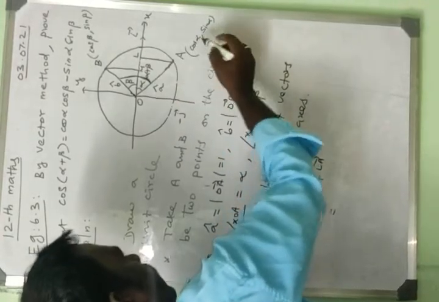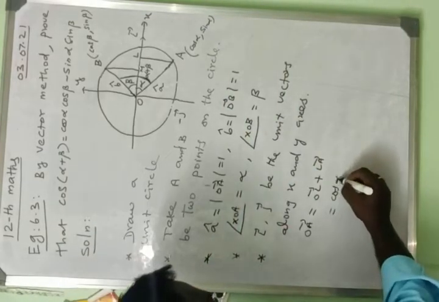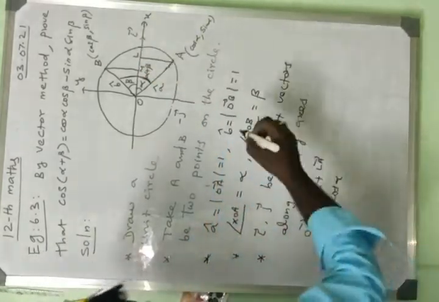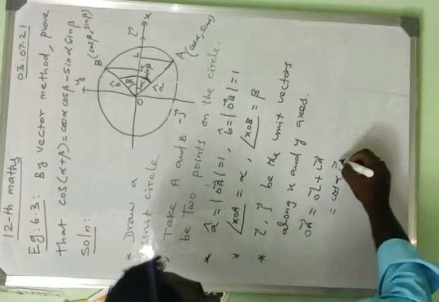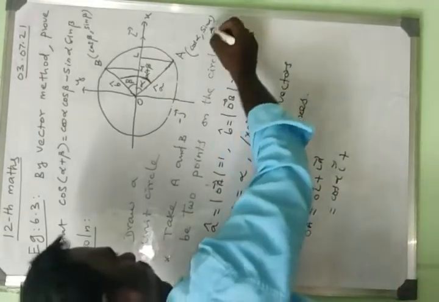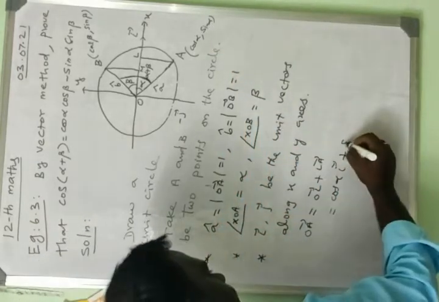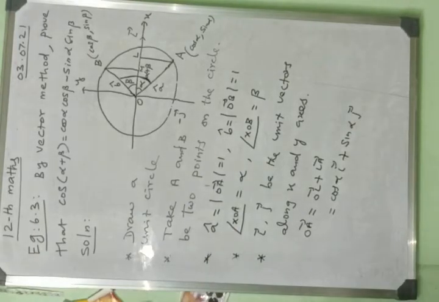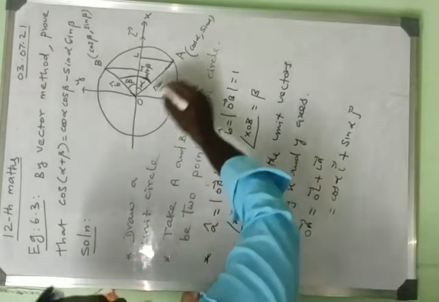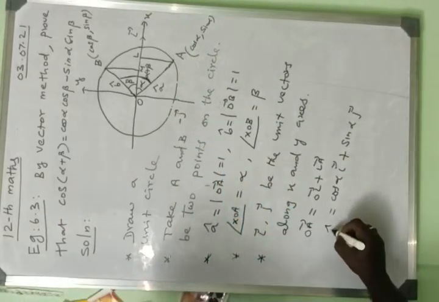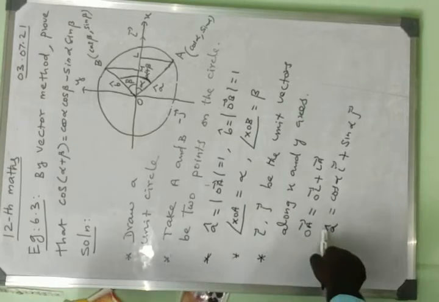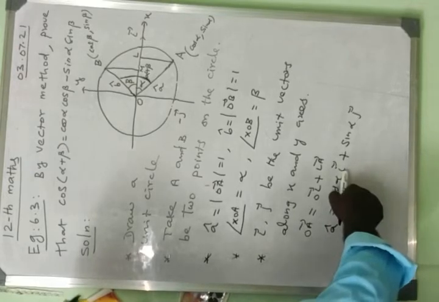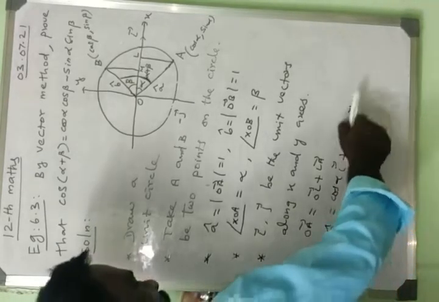Here the X value is cos alpha, and the vector along the X axis is I. Plus LA, whose value is sin alpha, with vector J. This is vector OA, we put cap A. Vector OA equal to cap A equals cos alpha vector I plus sin alpha vector J.